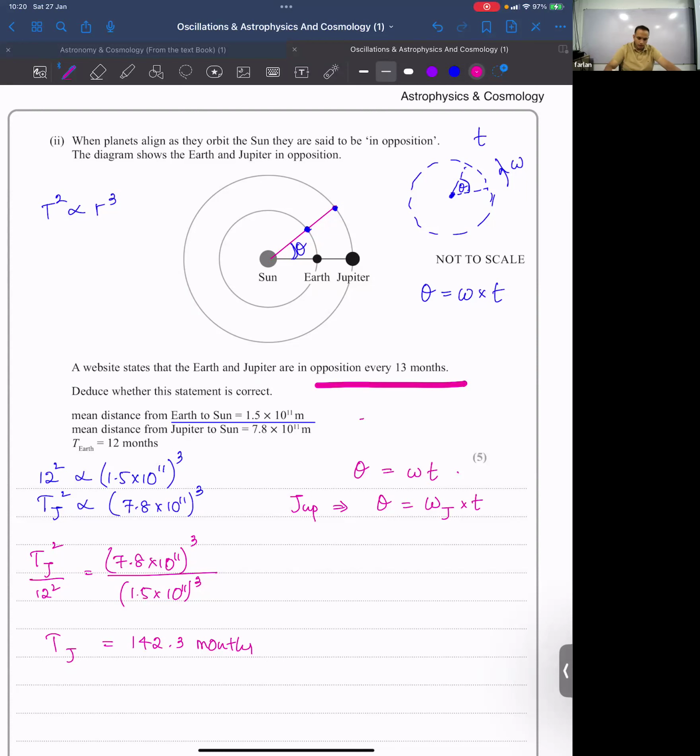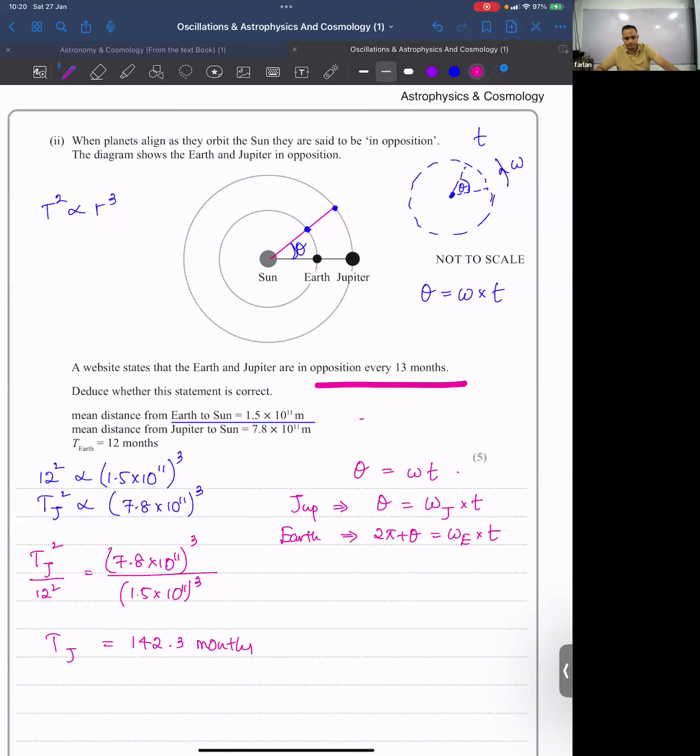For Earth, listen carefully, the theta is 2 pi plus theta. Earth's angular displacement is 2 pi plus theta. It has gone 2 pi and then a theta. That is equal to omega of Earth into t. The t is the same for both. Both have been traveling for the same amount of time.